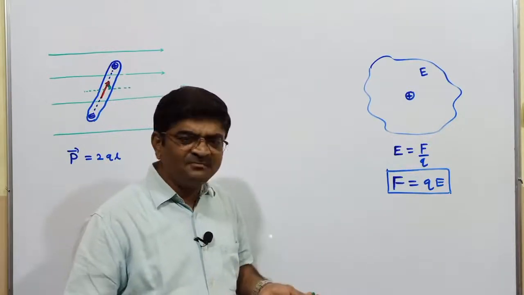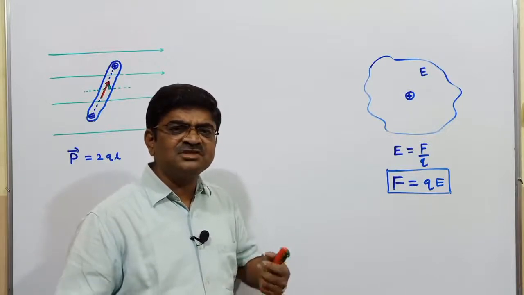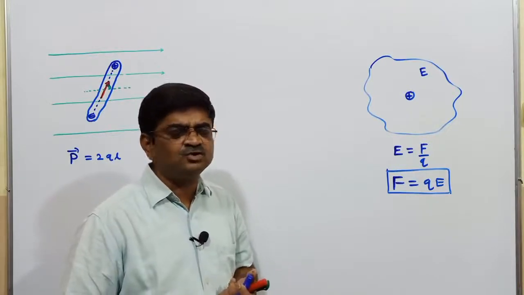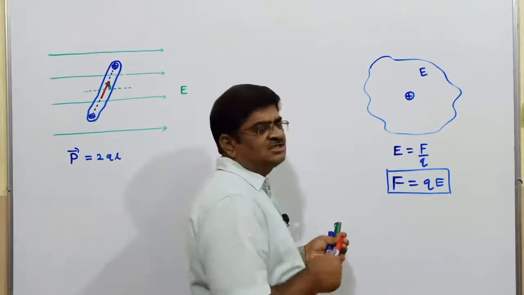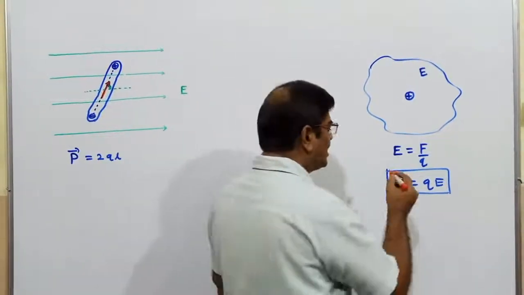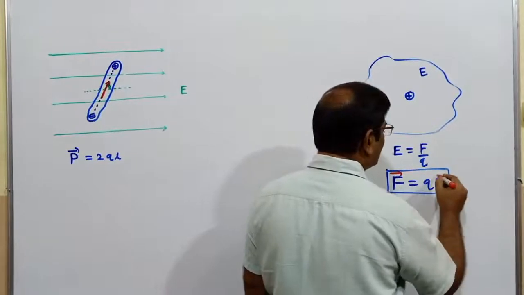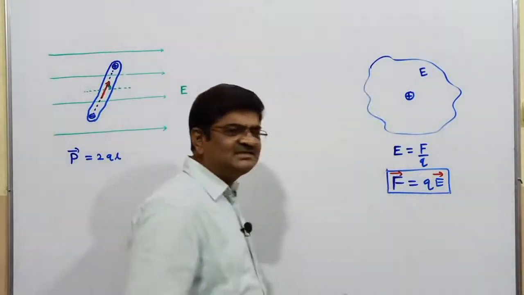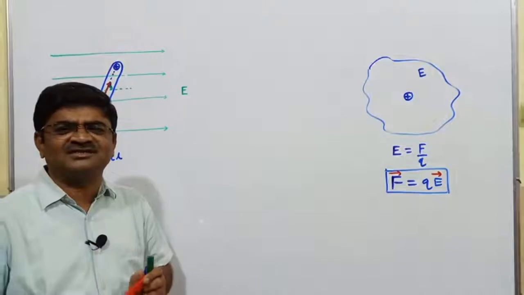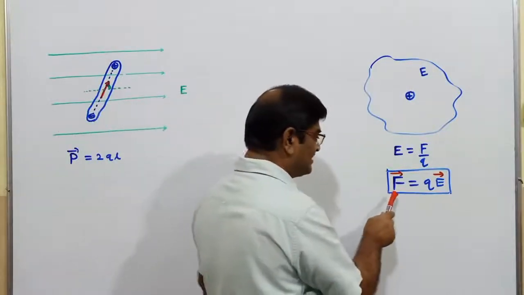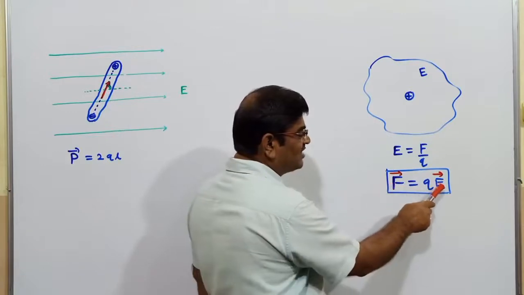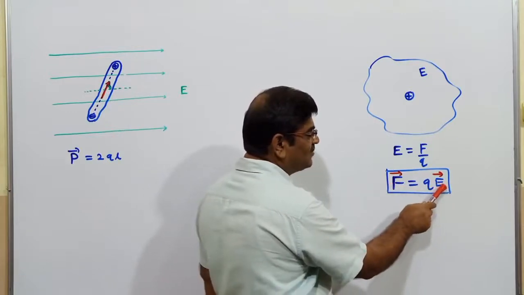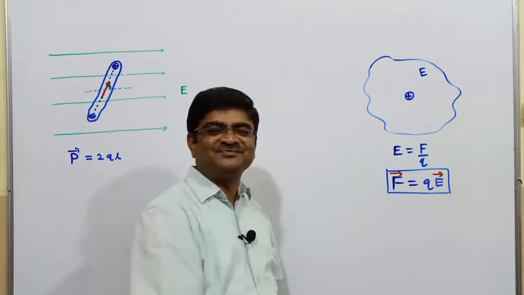Now when I mention force, it becomes mandatory for me to talk about its direction. And to do so, I just look at this equation. I have F as a vector, I have E as a vector. That's enough for me to understand the direction. I would see here that F will have the same direction as that of E if the charge is positive.